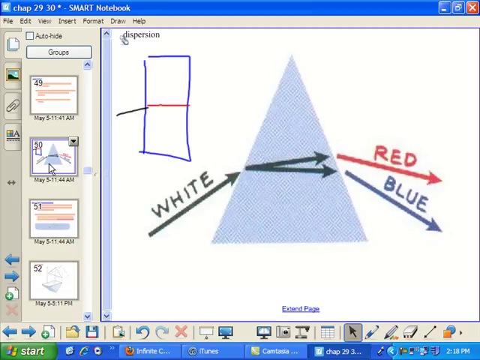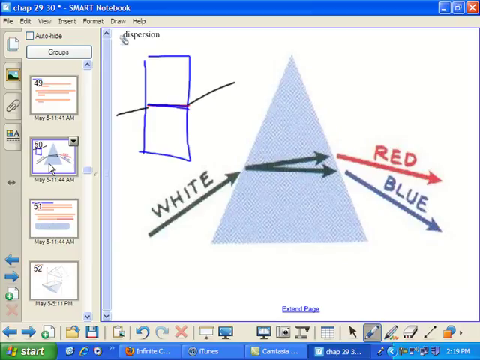In the glass, they're going to basically get separated just a little bit. But remember, we talked about this last time, when it goes in at a certain angle, it's going to come back out at the same angle. So when it comes out again, it all gets put together again and is back into white light. So technically in between, yes, it undergoes dispersion.